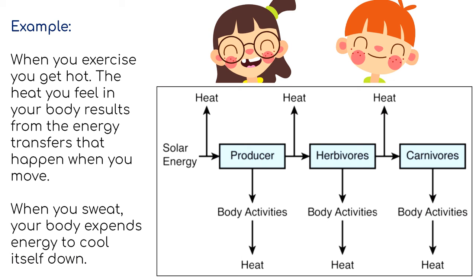Now, people, I hope by this time you know that sweating is actually a cooling process. Perspiration is a cooling process. So when your body is too hot, the body will release fluids from the sweat glands. So that fluid will now be on top of your skin, on top of your epidermis.